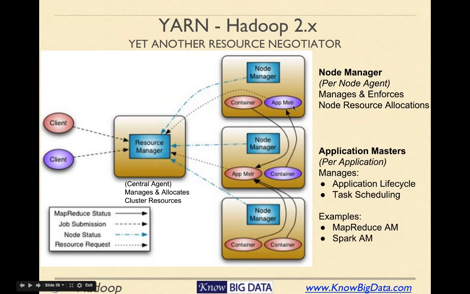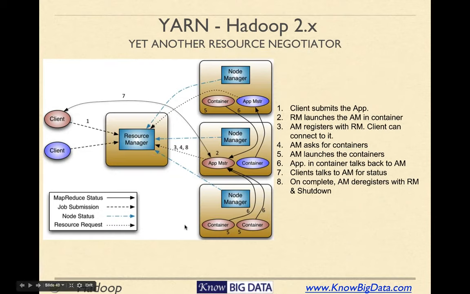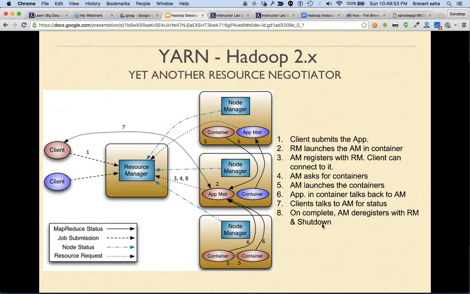So every client, in case some other Microsoft users come in from outside, they will also be redirected to the same application master. So every framework comes with the application master, okay, along with the need what they want to get done. All right, so this is how it works.